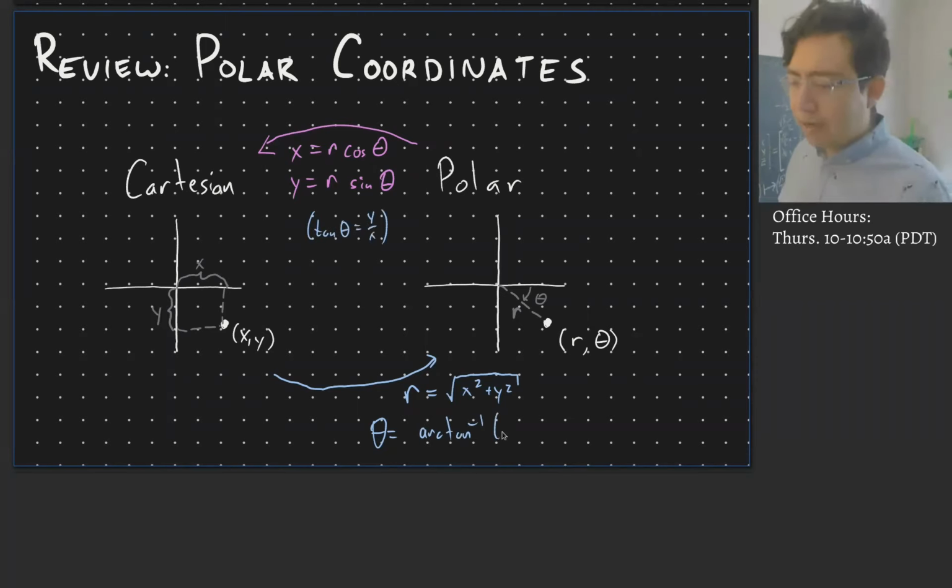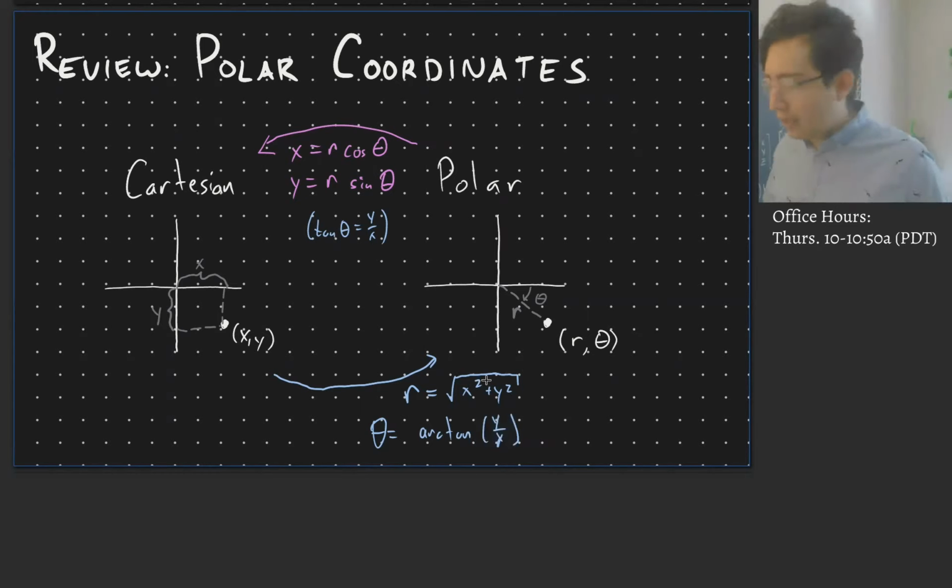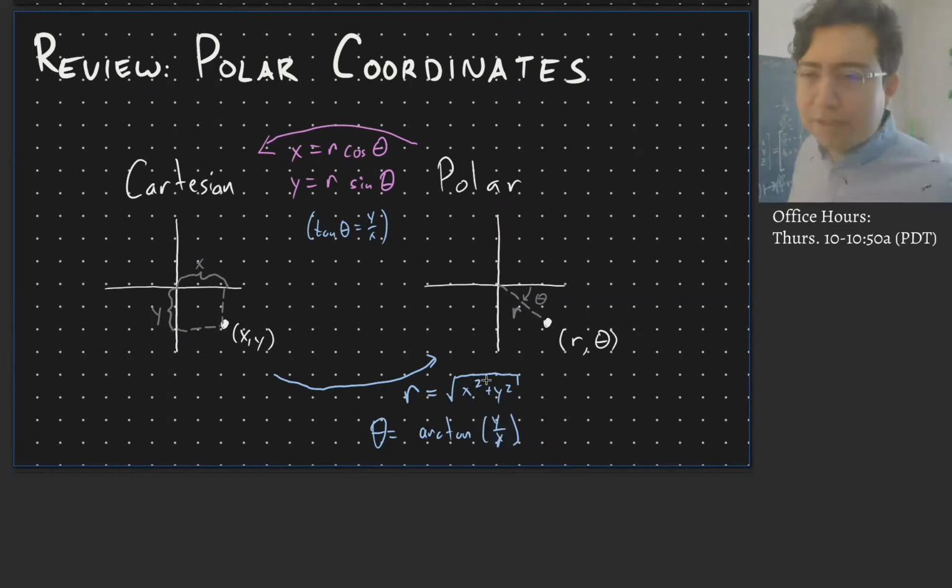So it's arctan of y over x, and you might think, oh, that should be enough, right? But remember, arctan is not tan inverse in the sense of a reciprocal; the inverse is already part of arctan. Arctan doesn't spit out any possible angle. It only spits out angles between negative pi over 2 and pi over 2. So you're going to have to add some stuff here.